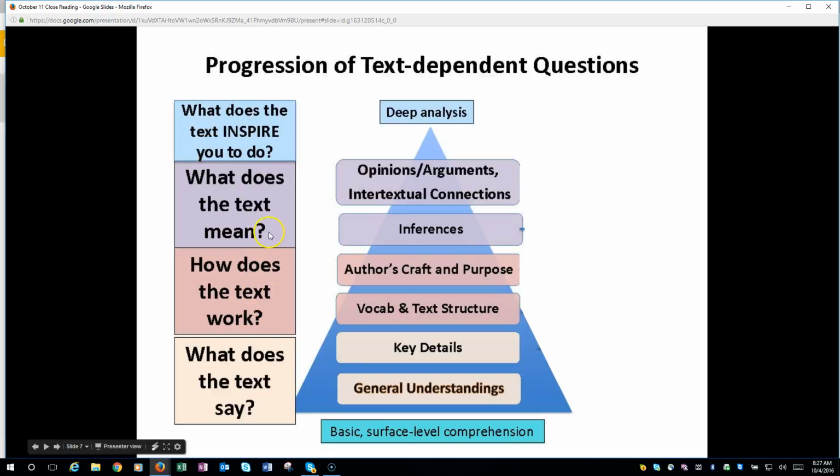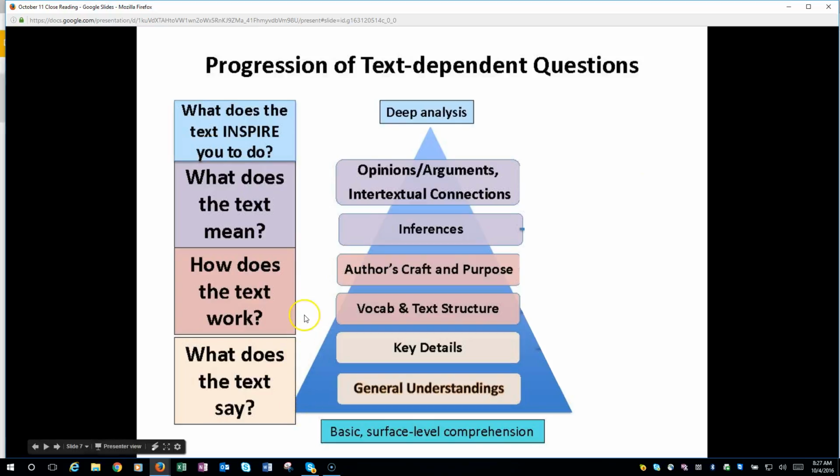The third level is, what does the text mean? This is where we get into the deep, higher order thinking of inferencing, and getting kids to voice their opinions and their arguments, based upon the text evidence of what's in the text. And then the last level of questioning, which we've added this year, is, what does the text inspire you to do?